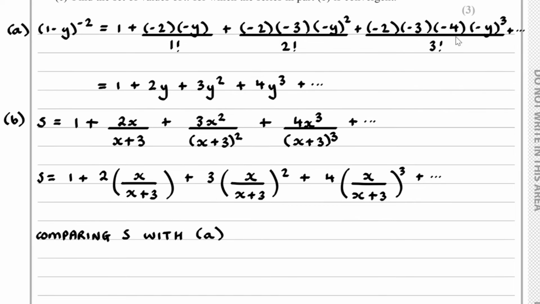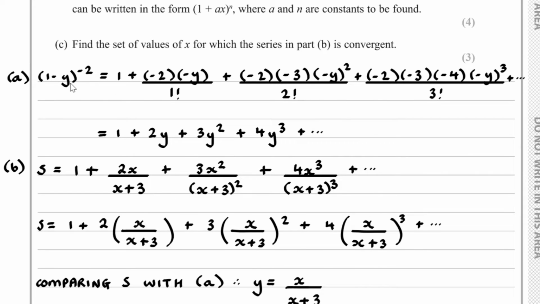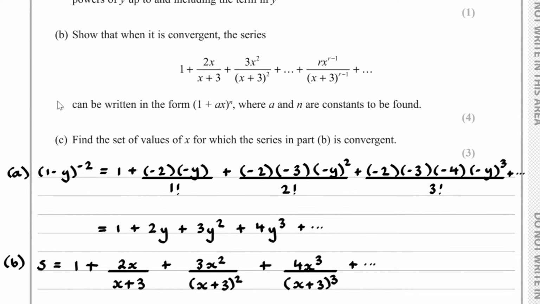So, if we compare S with what we have in part A, we can therefore conclude that y is equal to x over x plus 3. And knowing what y is, we can use our result in part A to find out what S is, and we can write it in the form over here.